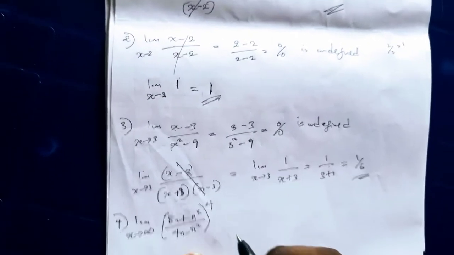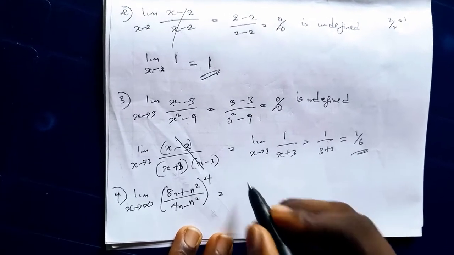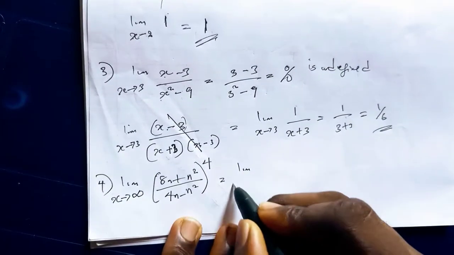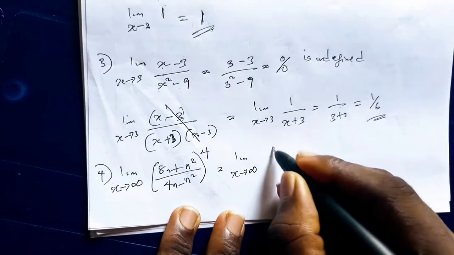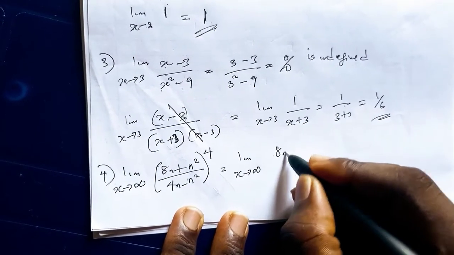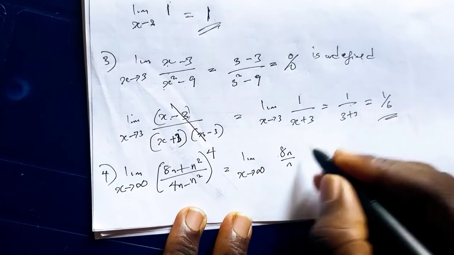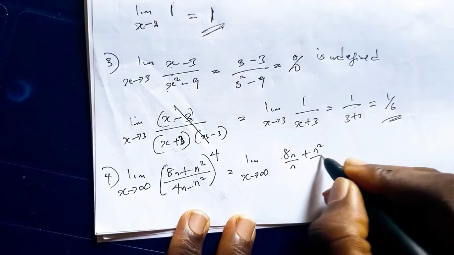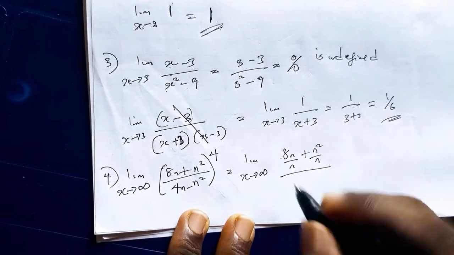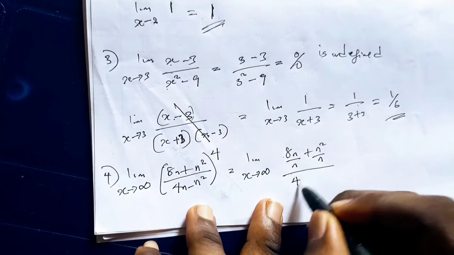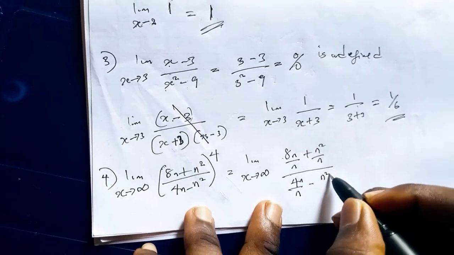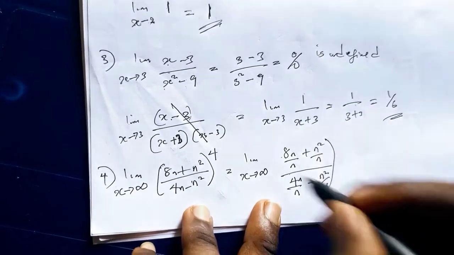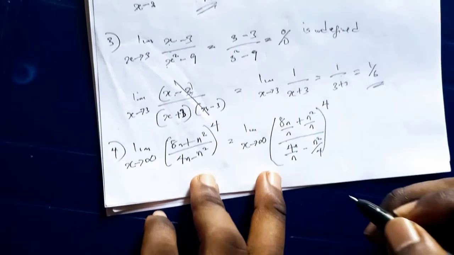Now, I can break this down to the limit as x approaches infinity of n divided by n plus n squared divided by n. See, I am dividing through by n. 4n divided by n minus n squared divided by n, all raised to the power of 4.